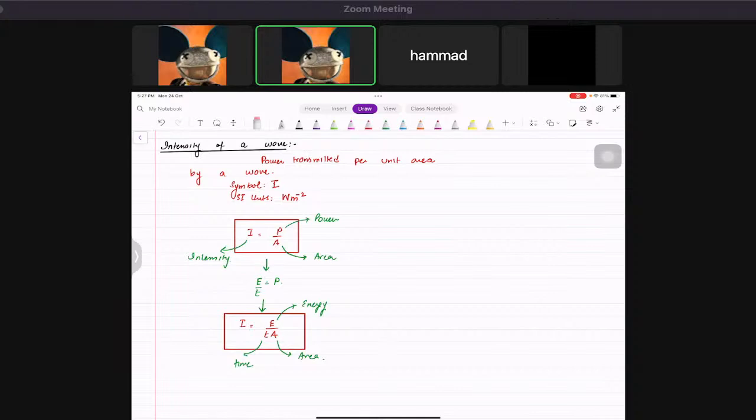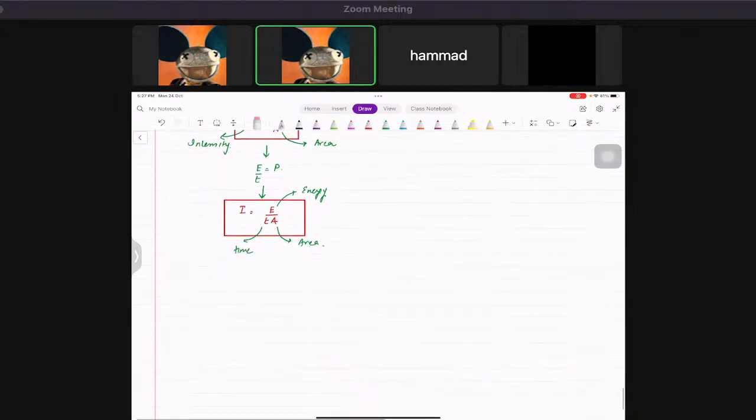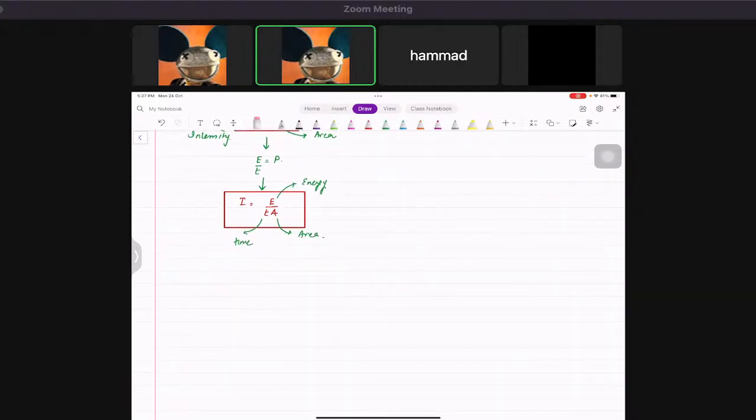Okay. So now the two things you need to remember is that intensity has certain relationships too. Intensity is directly proportional to the square of amplitude.